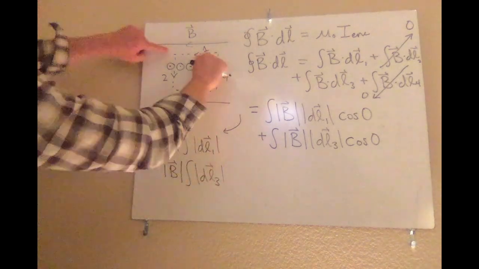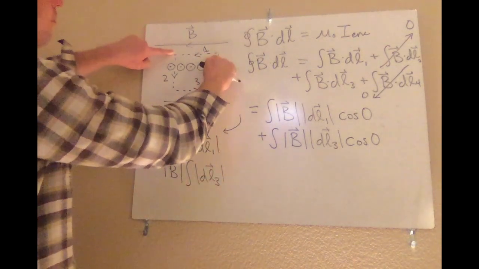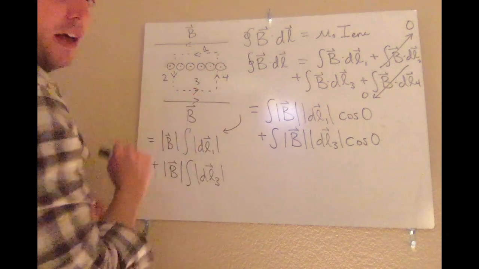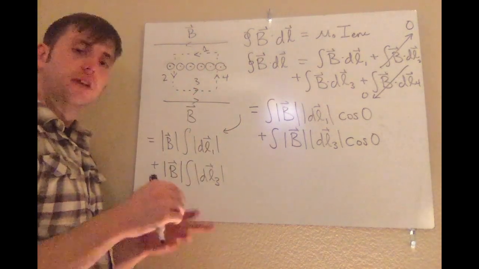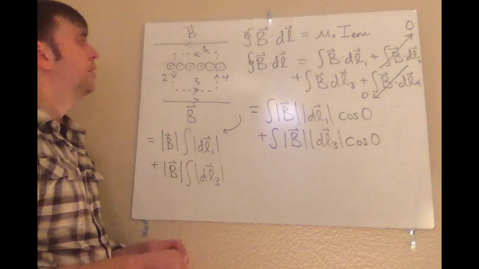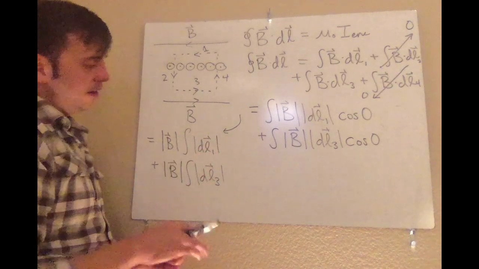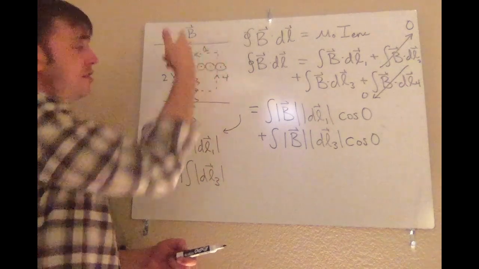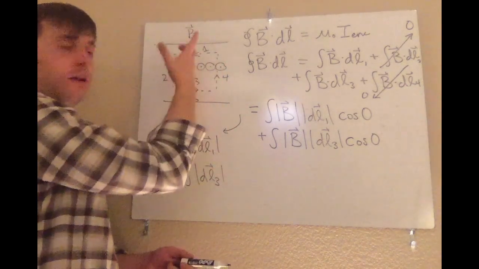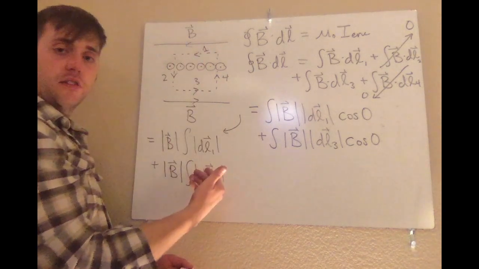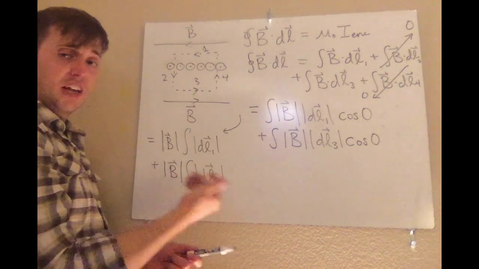Okay, so look at this path up here, that's path 1, and look at this path down here, that's path 3. They have the exact same total length. And if we look at the integral of dl along, let's say, path 1, well, that's just adding up all the little bits of distance along the path. When we integrate all those distances together, we're getting the total length.